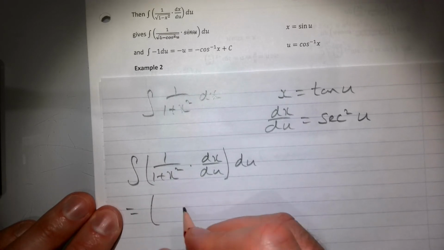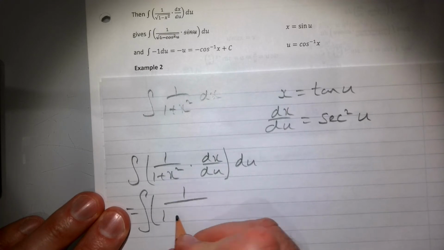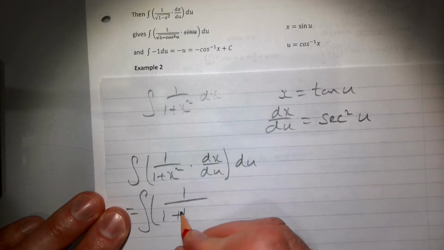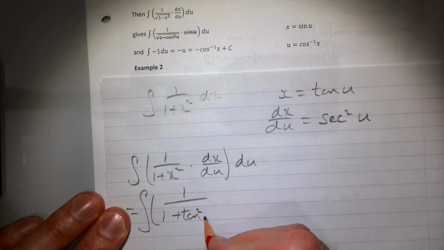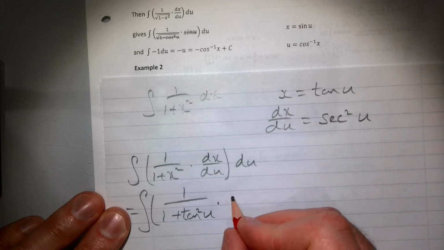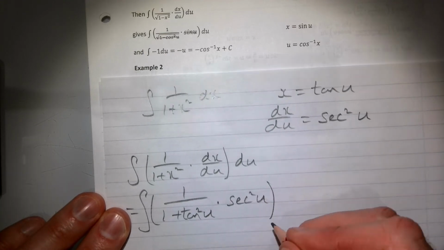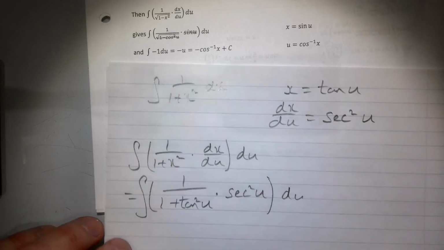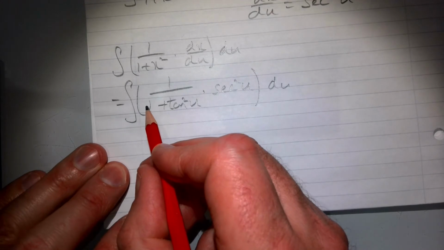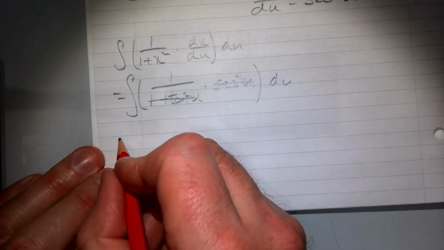Our x here is tan u, so it's going to be tan squared u. Dx by du is sec squared u, and hopefully you spot again that things are going to cancel out. 1 plus tan squared is sec squared, so they cancel.